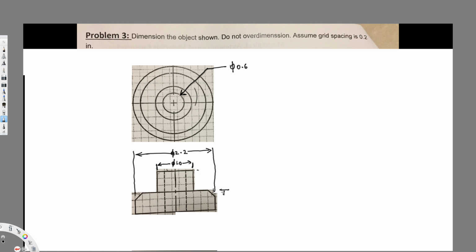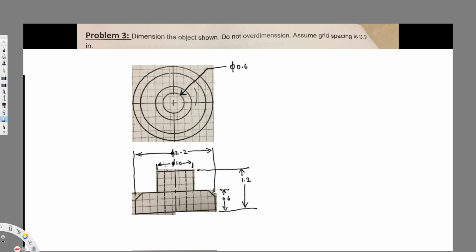So 3 times 0.2 is going to be 0.6, and the big cylinder has six boxes, so 6 times 0.2 is going to be 1.2. And 0.6, that's all it is.